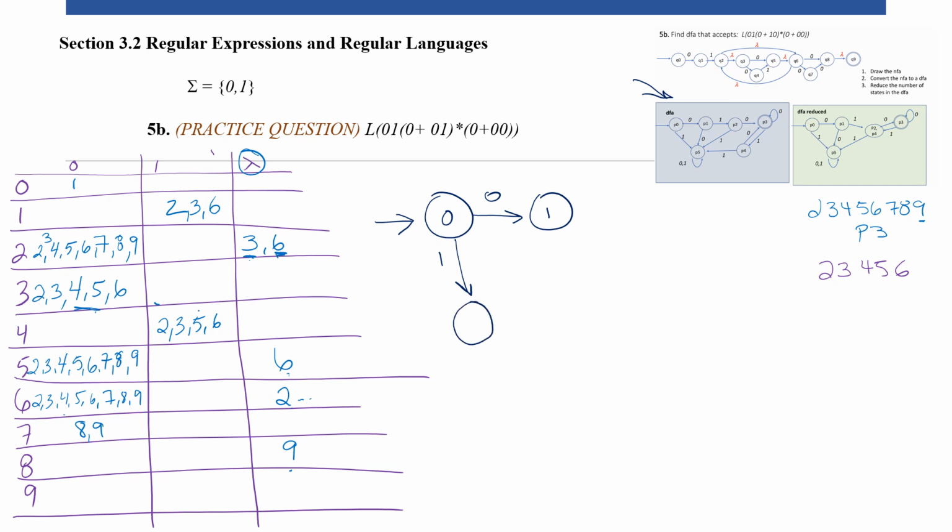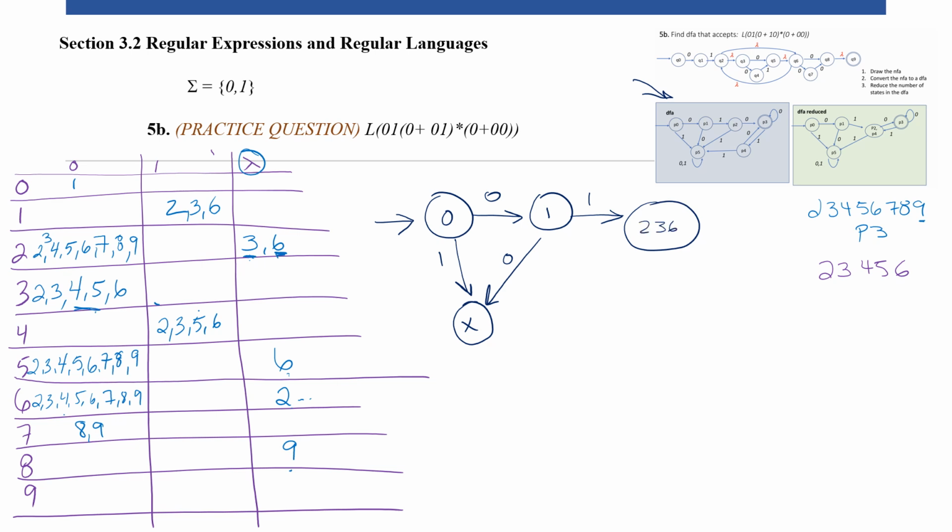So I'm just going to call that state X. Now I'm in state 1. State 1 with a 0 is just going to go over here to the X state. But 1 with a 1 is going to go to the state of 2, 3, 6.